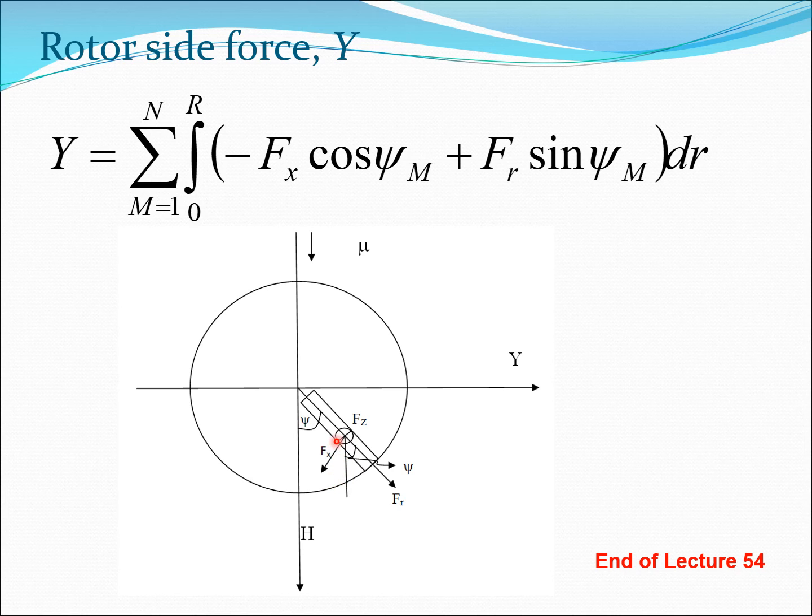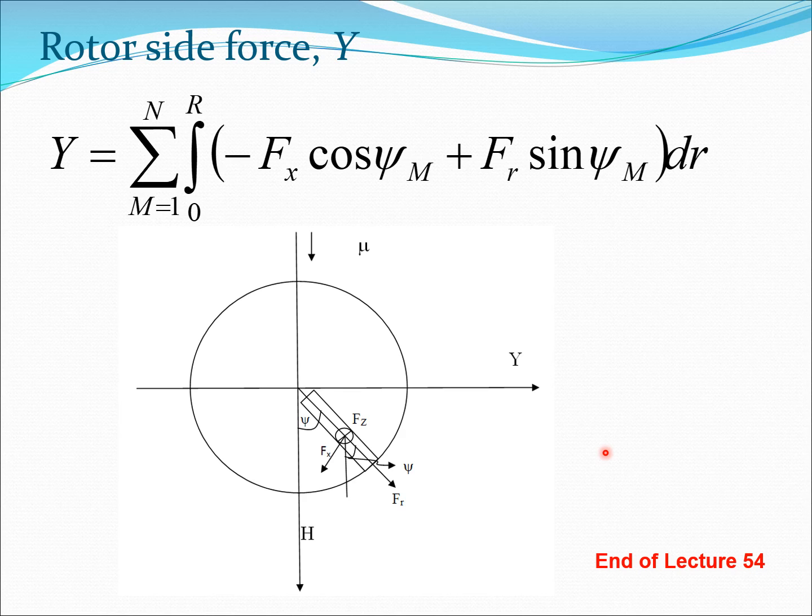As far as Fx is concerned, that's a negative force because it's acting in the reverse direction of what we have given as Y here. So that would be into cos psi, and there would be a negative sign here. That would be the expression for the force in the Y direction, and then again we multiply it by dr, which is a small length of this section. We integrate it from 0 to R across the entire rotor blade, and we sum it from m is 1 to n for all the n blades which are there.